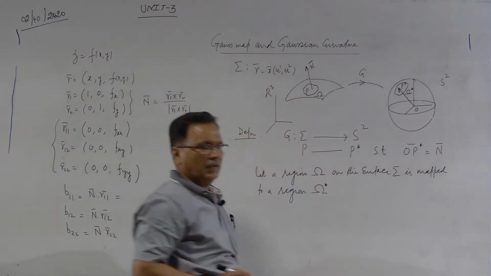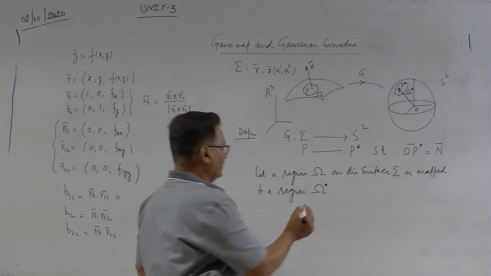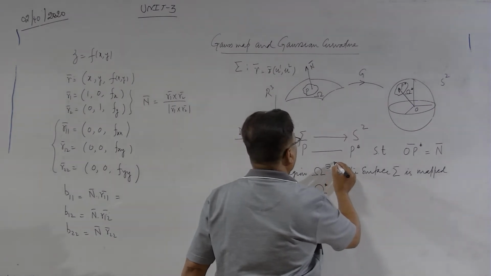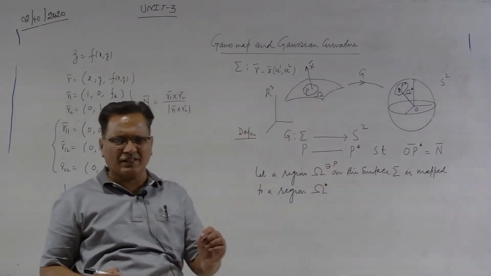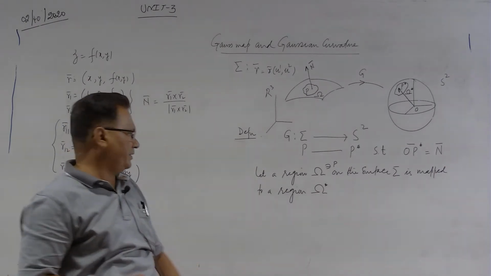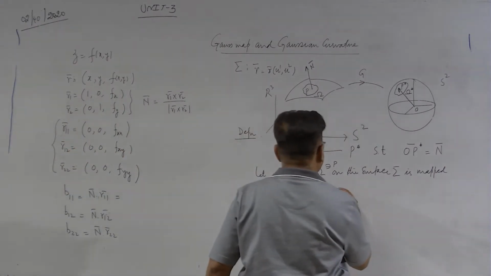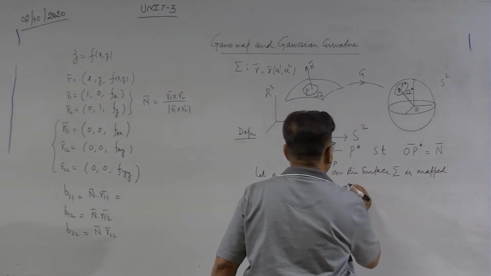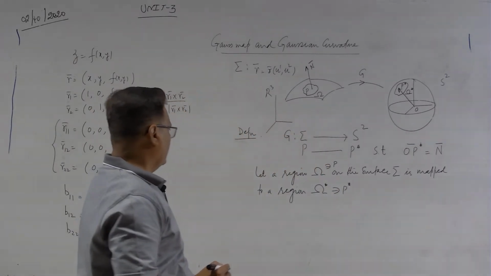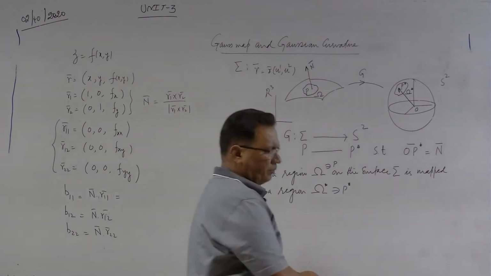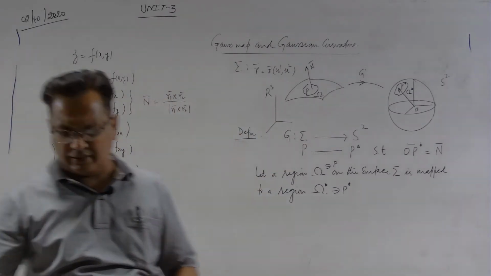Now, I choose this region such that it contains the point P, because Gaussian curvature will be discussed at a point P of a surface. So, this region will definitely contain the point P star. Now, let us understand what the Gaussian curvature at the point P is.